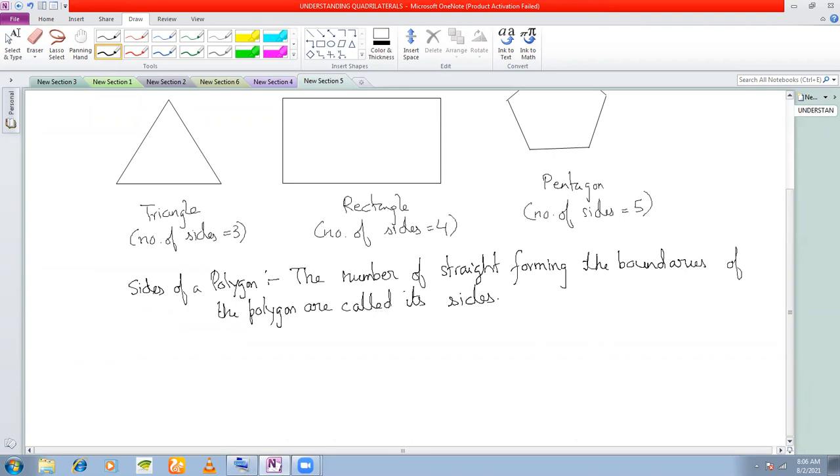A triangle similarly has 3 straight lines forming the boundary. Rectangle has 4, and pentagon has 5 straight lines forming the boundary, and so on.